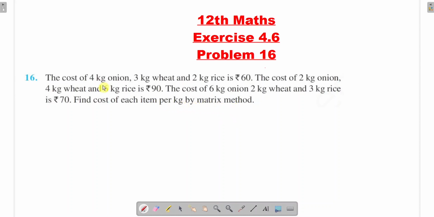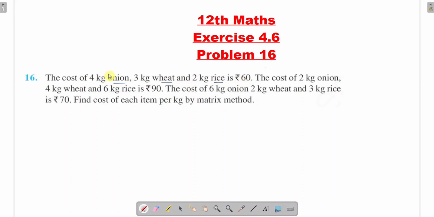So you have to find the cost of each item per kg. The three items are here: onion, wheat and rice. In the first sentence, what is given? The cost of 4 kg onion, 3 kg wheat plus 2 kg rice is 60.